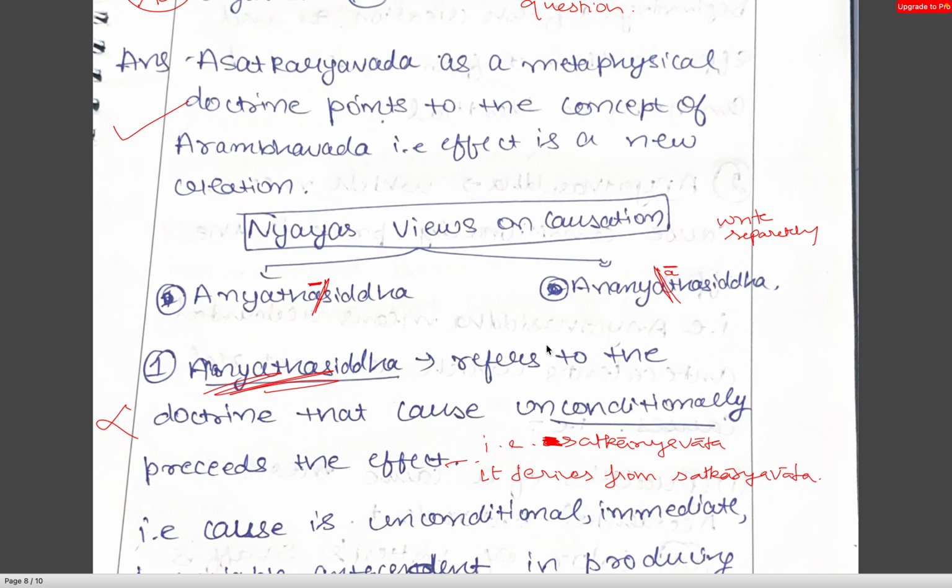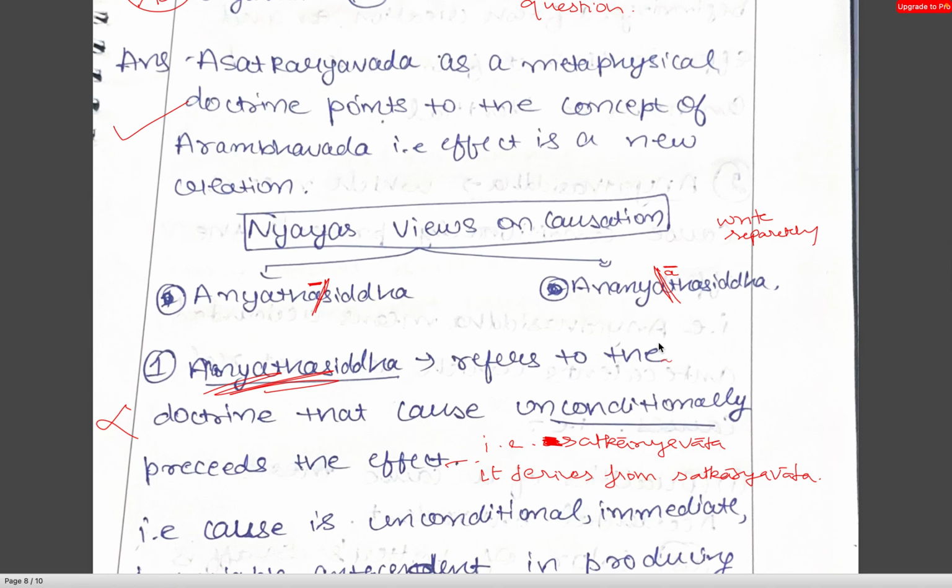But in order to support those respective arguments, they use certain premises. Premises are the ground that we use in order to make our arguments more sound, more strong, and more valid. So these are the premises, अन्यथा सिद्ध and अन्यथा असिद्ध.